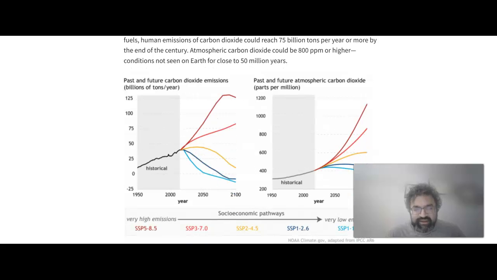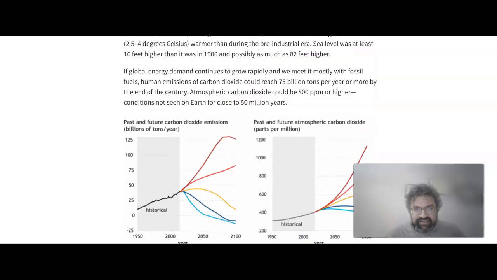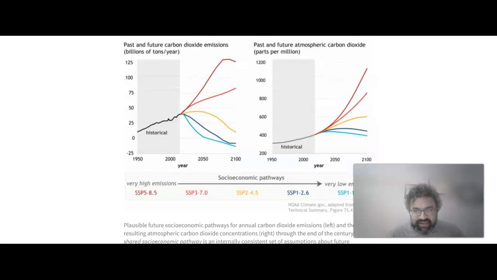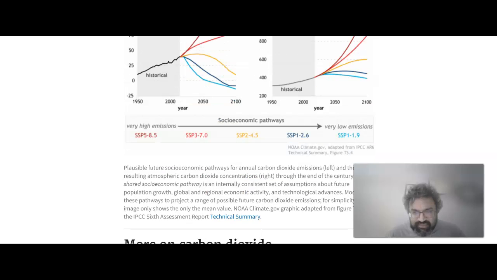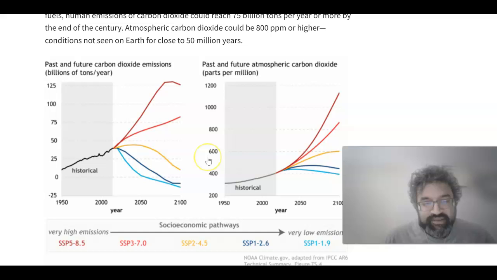So you have multiple different types of SSPs, and that is just different types of scenarios. This one's somewhat of a complex figure to determine, but once you get the hang of it, you'll be able to understand it better.